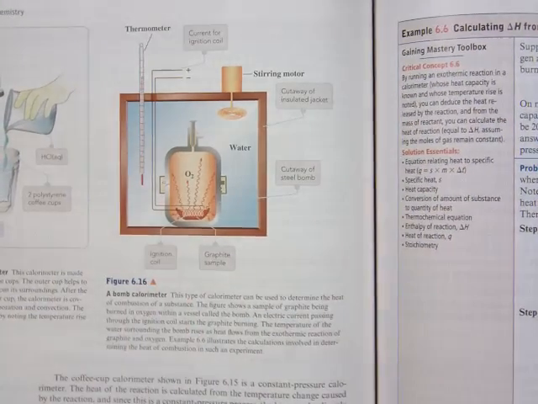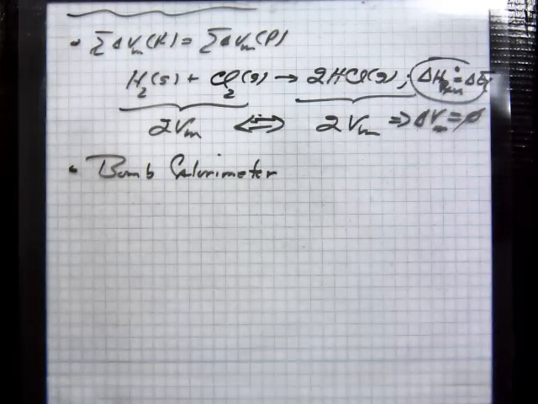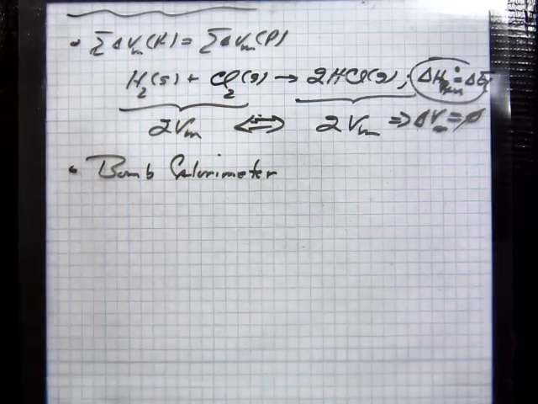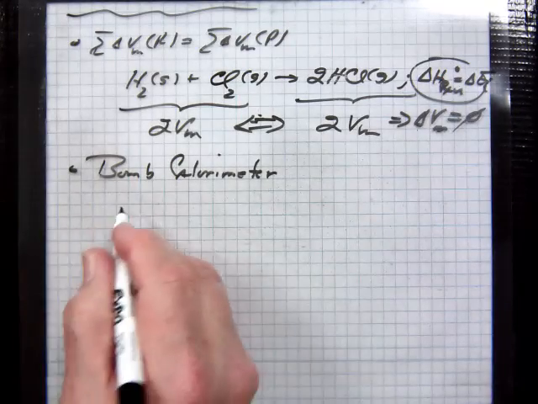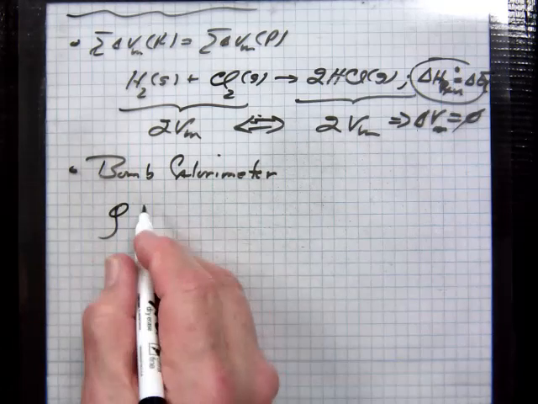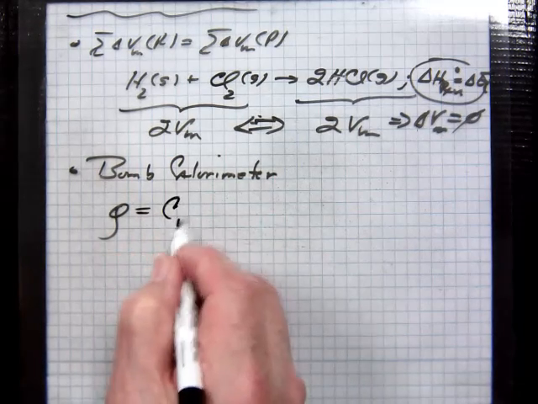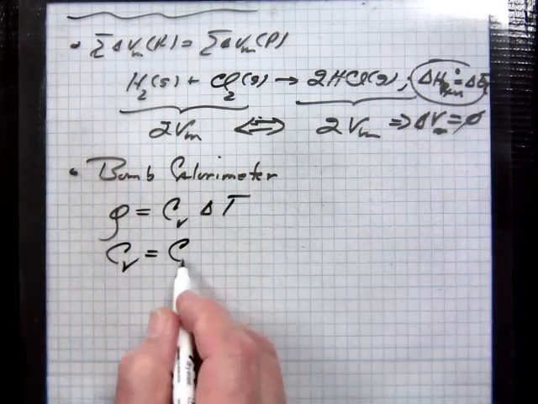A unique equation goes with that. For a bomb calorimeter, the amount of energy, heat flow in the given calorimeter is given by C sub V delta T. And C sub V is what we call the calorimeter constant.